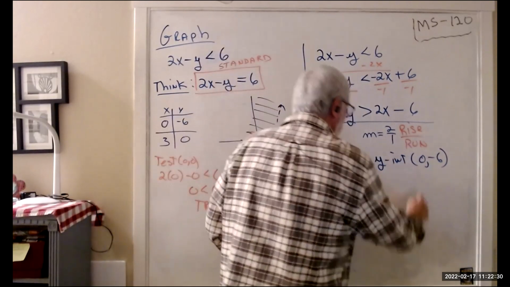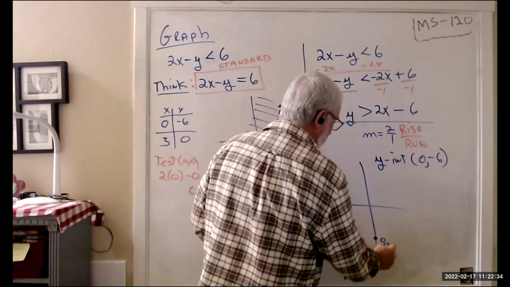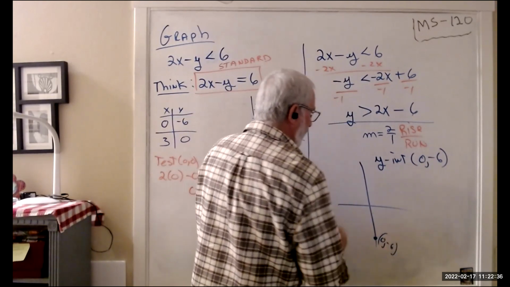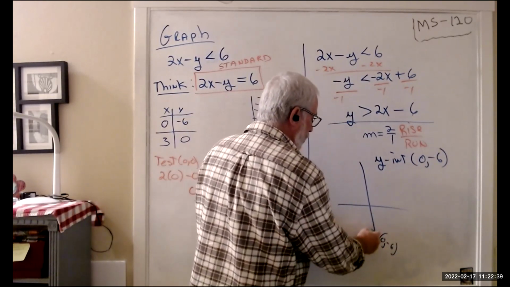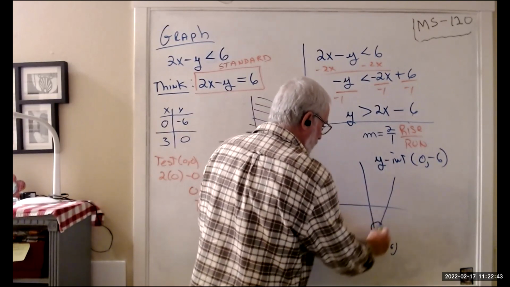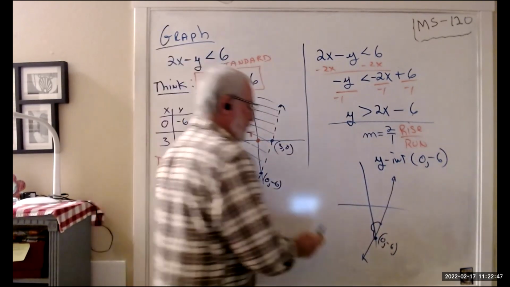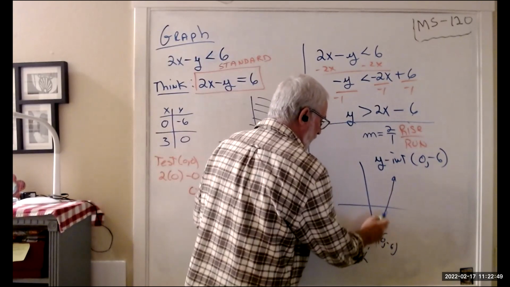So if I plot that and go 0, -6, that's somewhere down here. If I go up 2 over 1, I get the same line as I got here. Oops, it's supposed to be dotted, so I make it dotted.